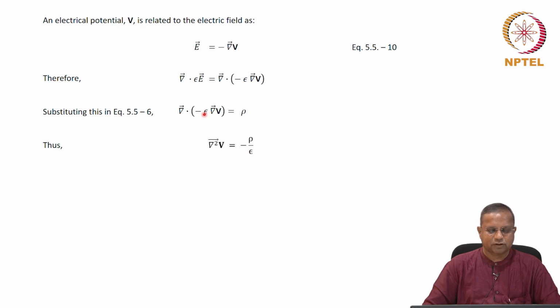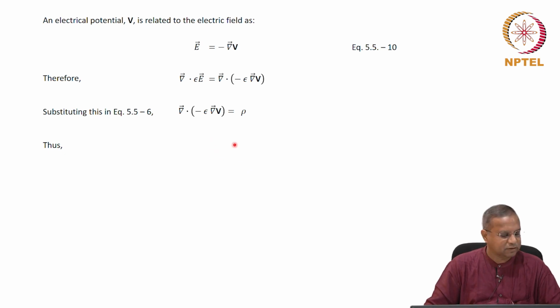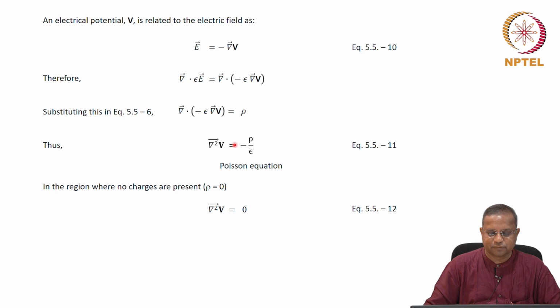Therefore, del dot del is del squared. So del squared V equals minus rho by epsilon. Also note there's an error here: when these two are vectors and you take a dot product of the vectors, that becomes a scalar, so this is not a vector. Let me correct it right away.